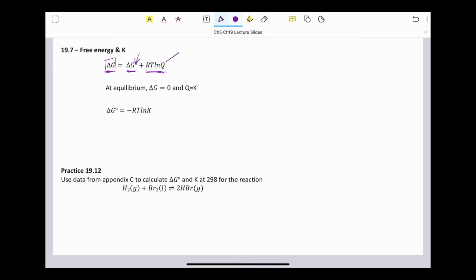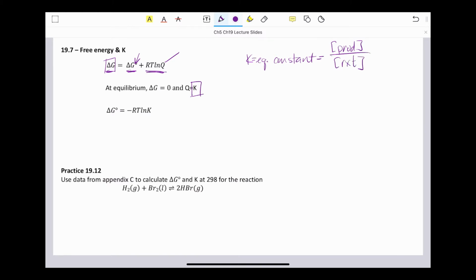It is akin to K, where K is our equilibrium constant, and we're going to add a lot of detail later, but it's essentially the relationship between the amount of product to the amount of reactant at equilibrium.